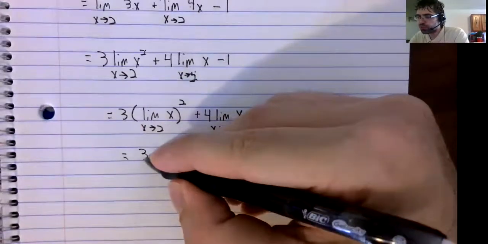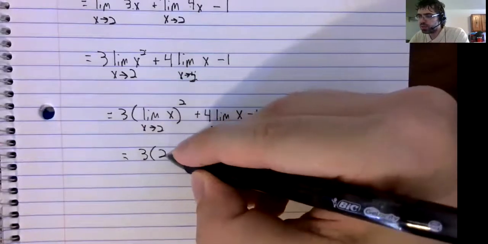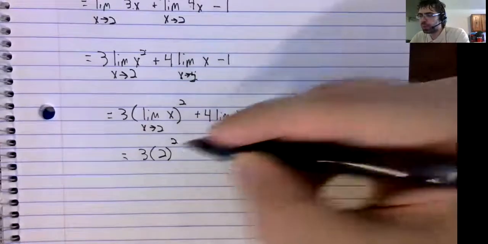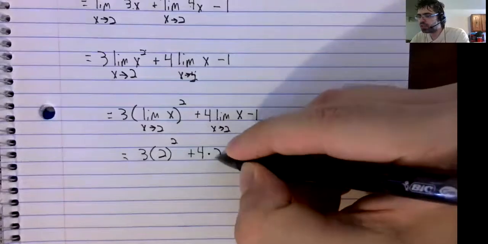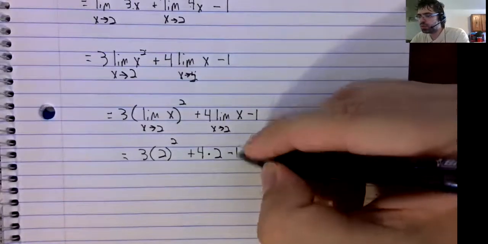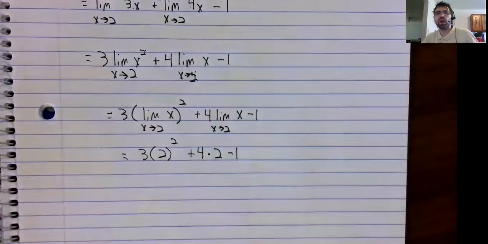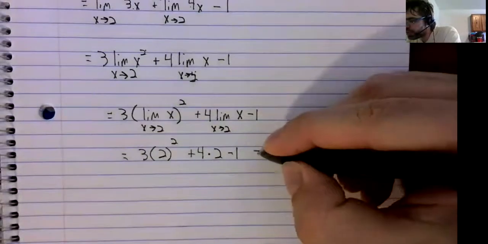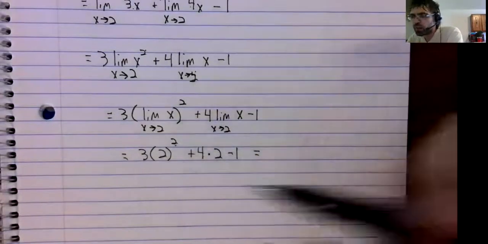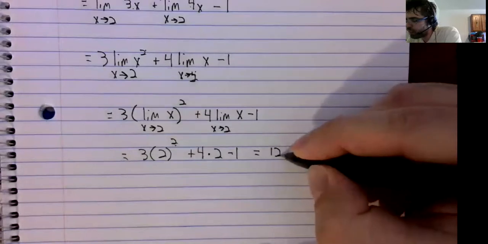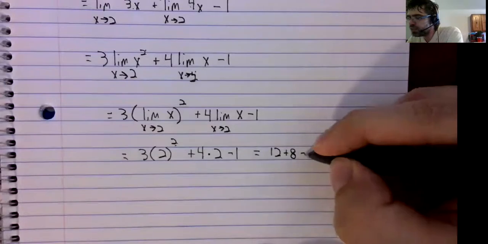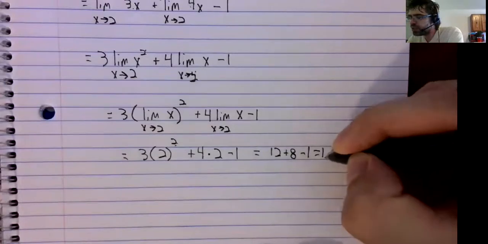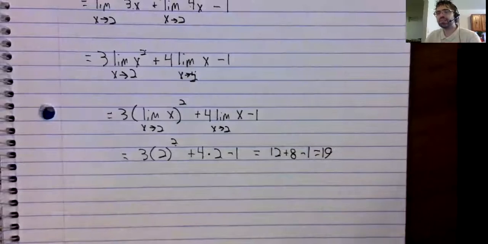So this is 3 times 2 squared plus 4 times 2 minus 1. And then that is whatever it is. 2 squared is 4 times 3 is 12 plus 8 is 20 minus 1 is 19.